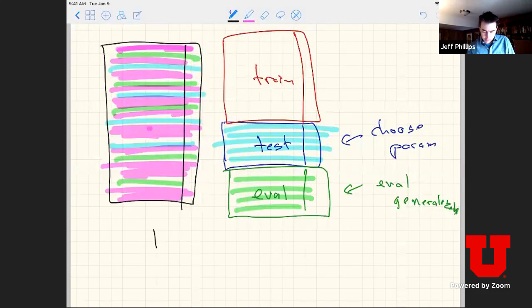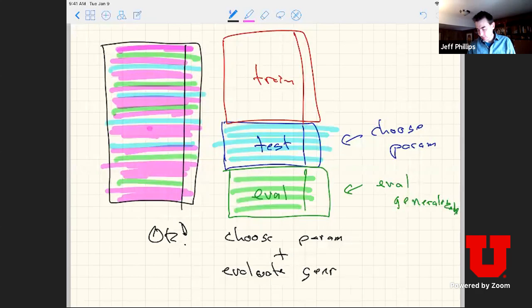This process is okay to choose the parameter and to evaluate the generalization.